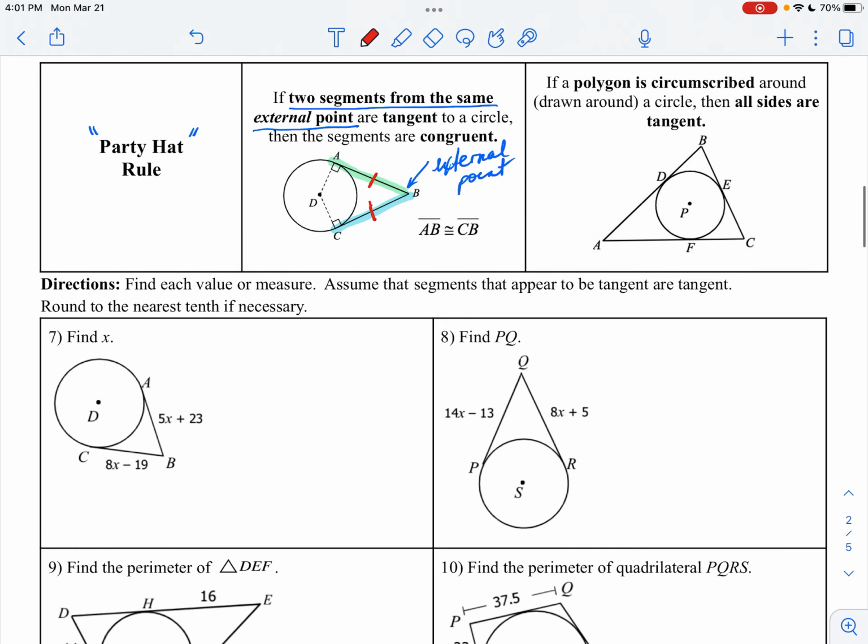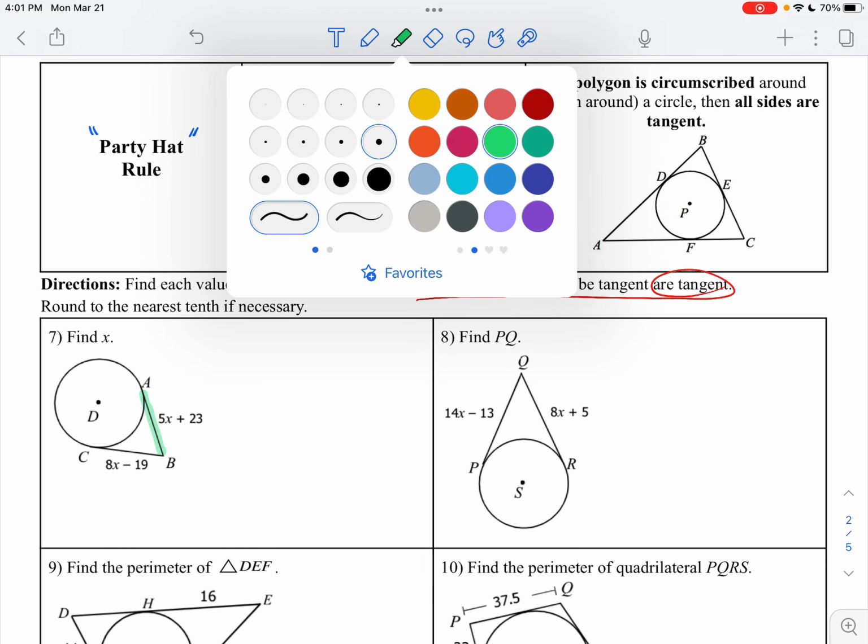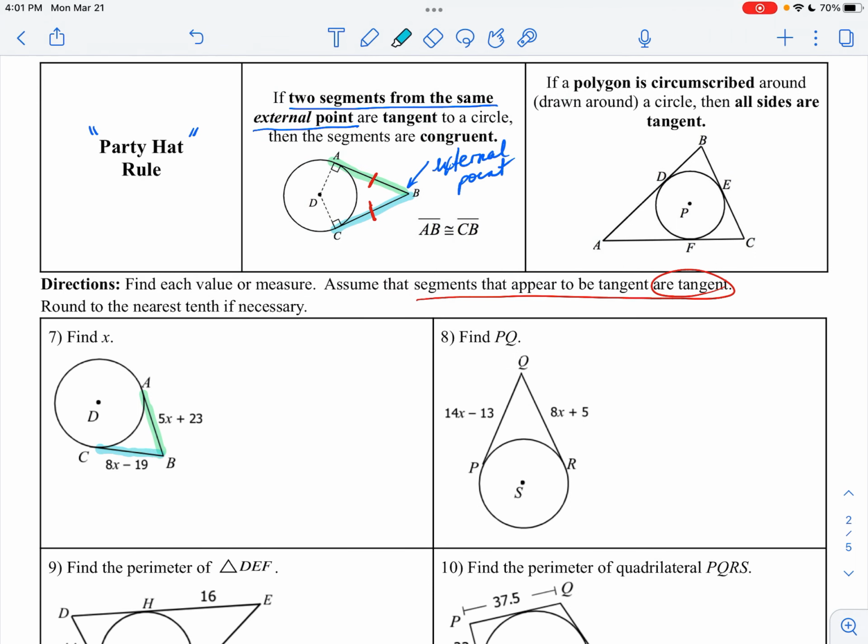All right, so we're going to use that, for example, in number 7. It says to assume that the segments that appear to be tangent are actually tangent. In other words, AB and CB are tangent to the circle. So what does that mean? Well, they're congruent. So our equation is 5x plus 23 equals 8x minus 19.